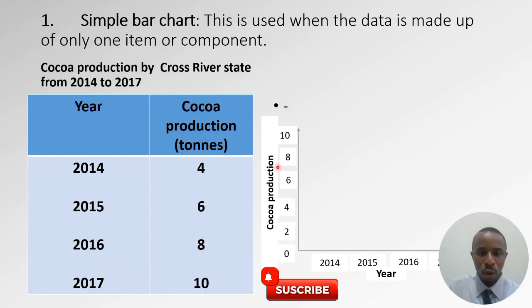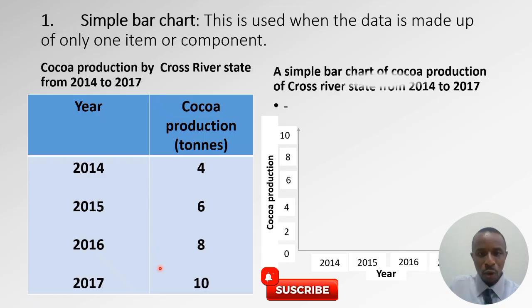Cocoa production on y-axis, and it's 2 centimeters for 2 units. 2 units means the first value after 0 will be 2. The next, you add 2 plus 2 will give you 4, until you get to the maximum value, which is 10. And on x-axis, I have year. For 2014, the cocoa production is 4, and the title of the bar chart is also stated above it.